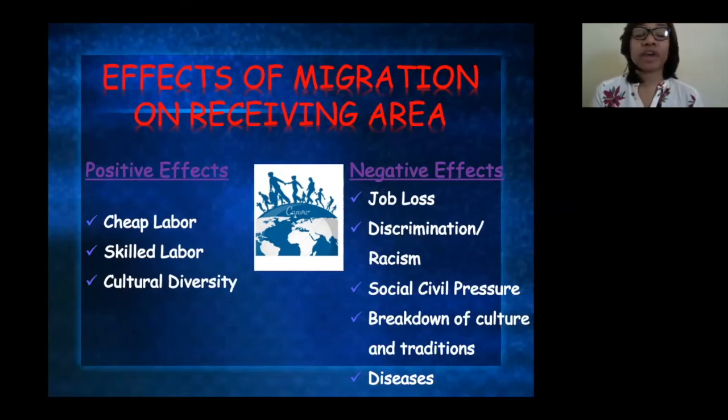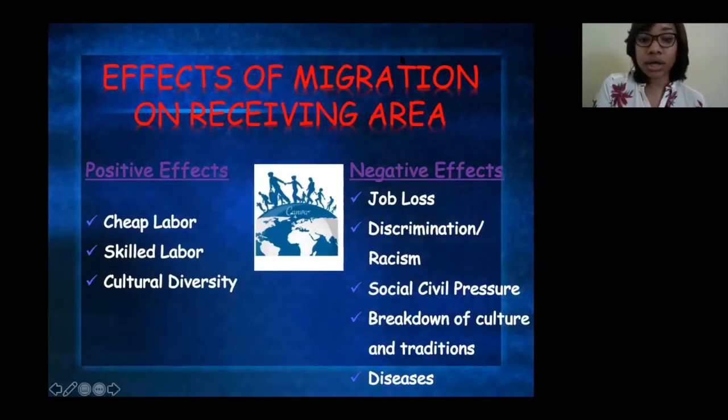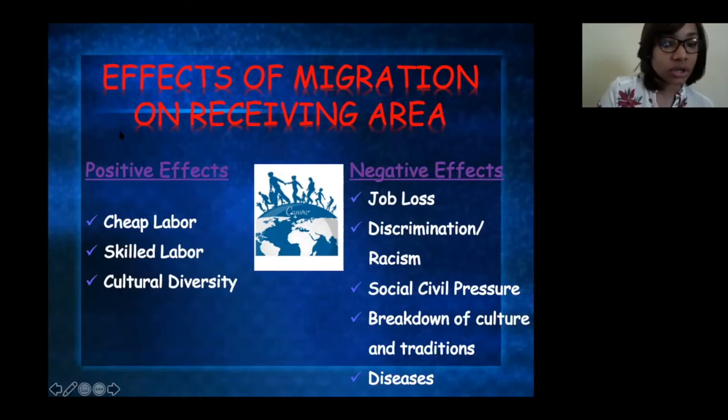Let's think about right here in the Bahamas, for example. What are some of those jobs that no one wants to do, but when the migrants come, they make a whole lot of money from it? I can think of one straight off the top. Farming. Farming is a big one. Okay, I see some people, landscaping, excellent. Excellent, Keva, excellent, Kosia. Those are the same two that I was about to mention.